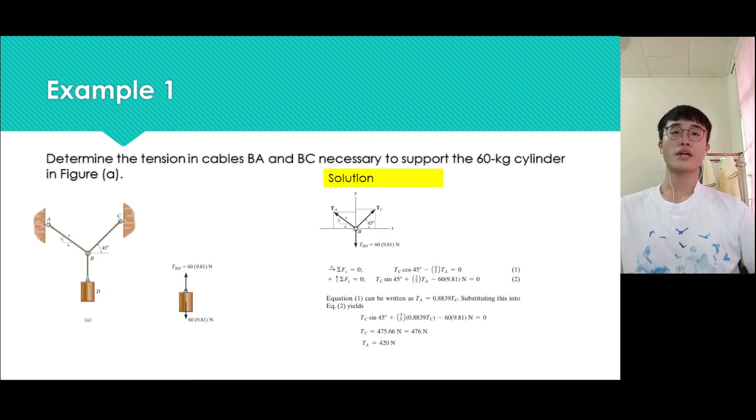For the y component, we can add up the sine components of TA and TC and minus the weight of the cylinder to yield equation 1 and equation 2. By solving the simultaneous equations, we can simply get TC equals 476 Newtons and TA equals 420 Newtons.